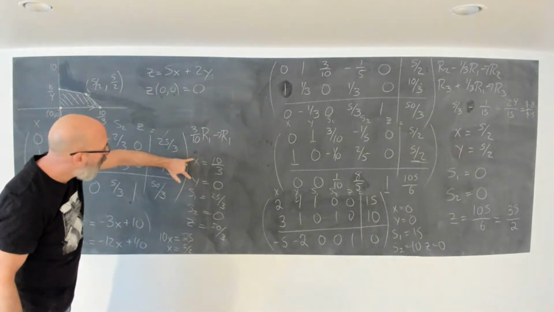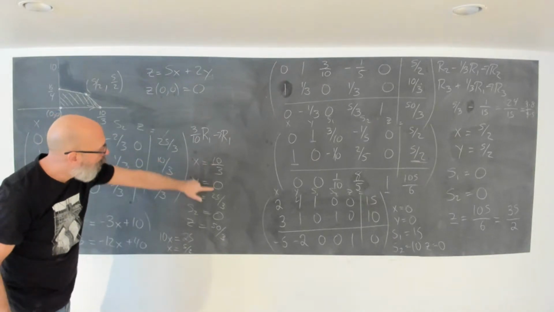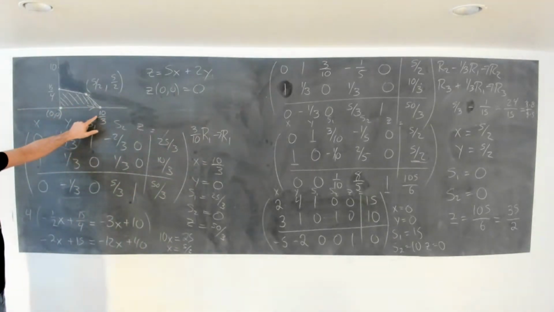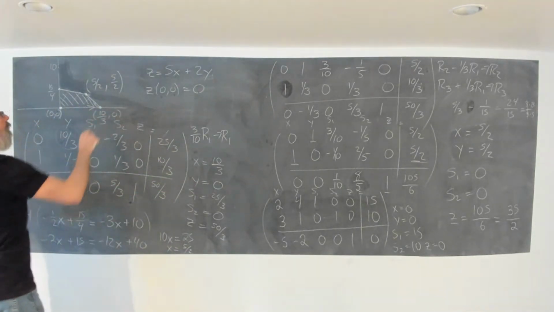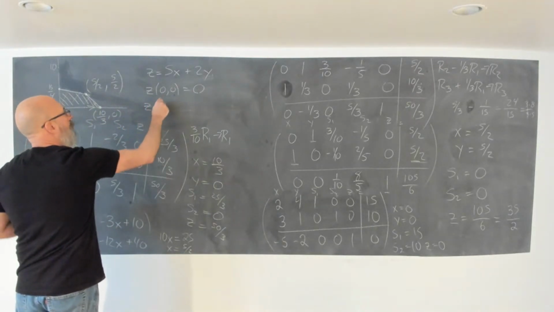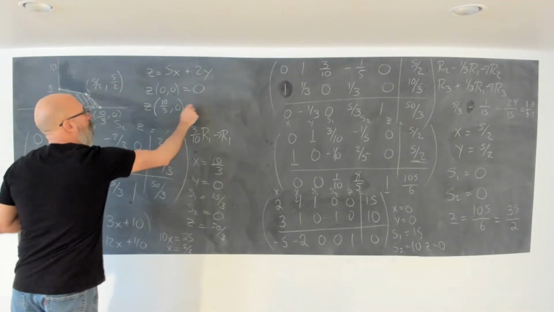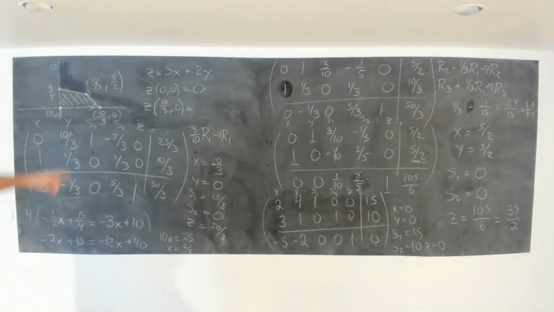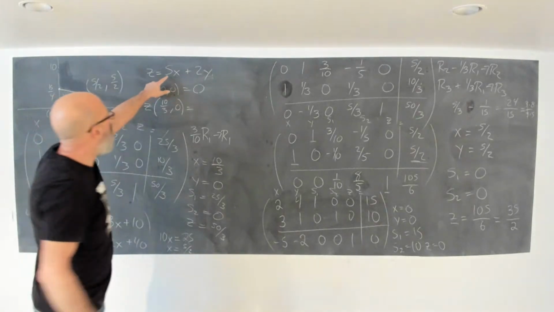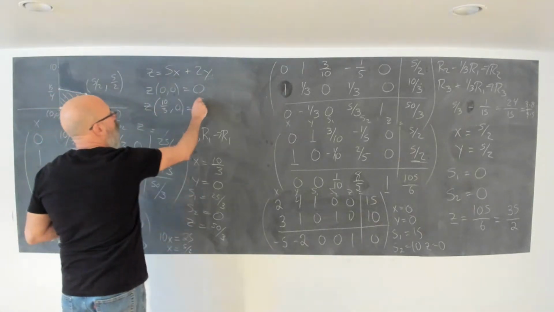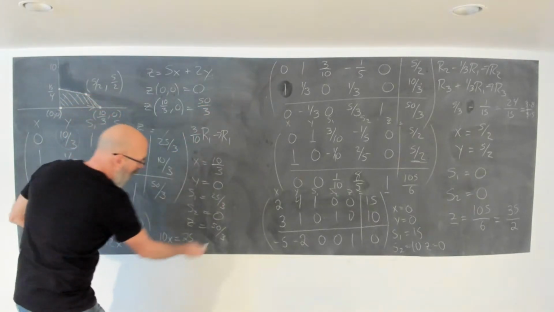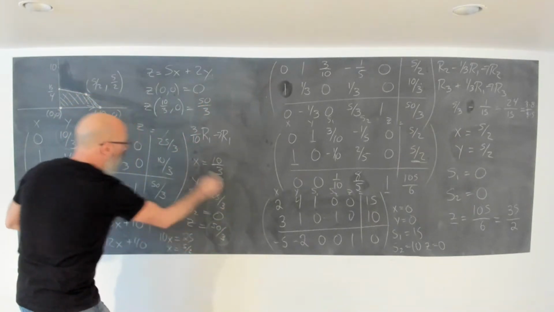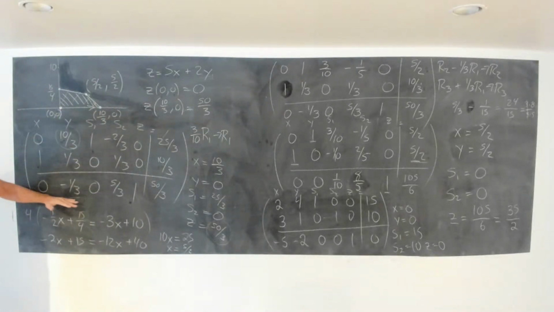We have moved to the point 10 over 3, 0. And Z at 10 over 3, 0. What is that? Well, Z is this. So that is 50 over 3. Exactly what this tableau is telling us.